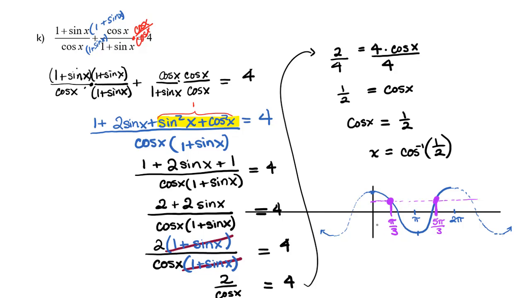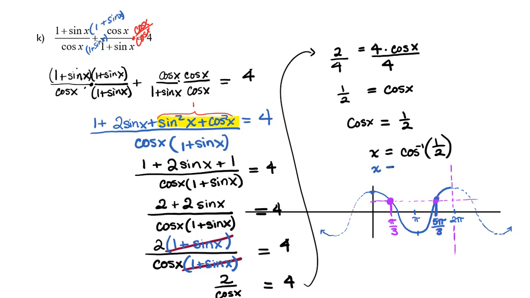And I know that the angle repeats every period of cosine, and so I can expect that pi over 3 plus 2 pi k will give me every repetition of pi over 3, and 5 pi over 3 plus 2 pi k will give me every repetition of the angle 5 pi over 3 that makes this equation true.